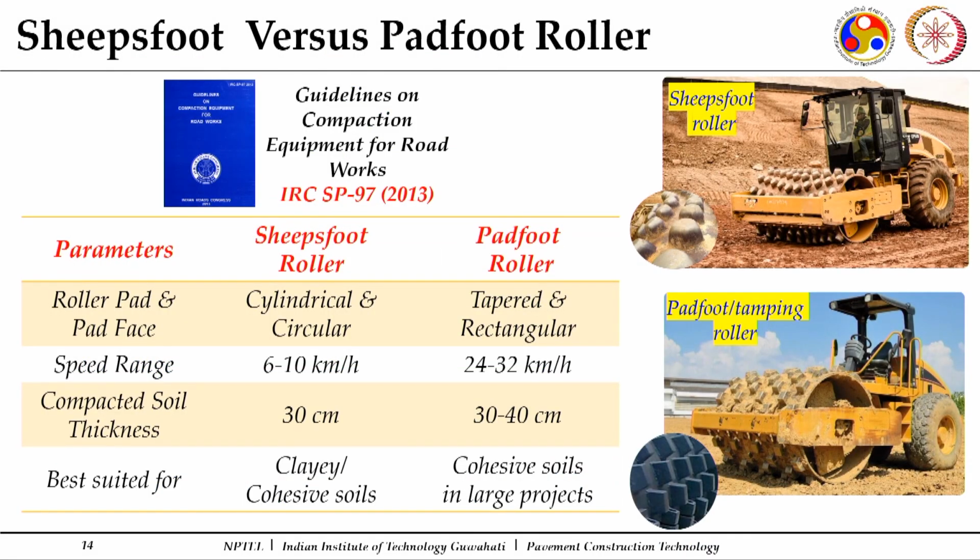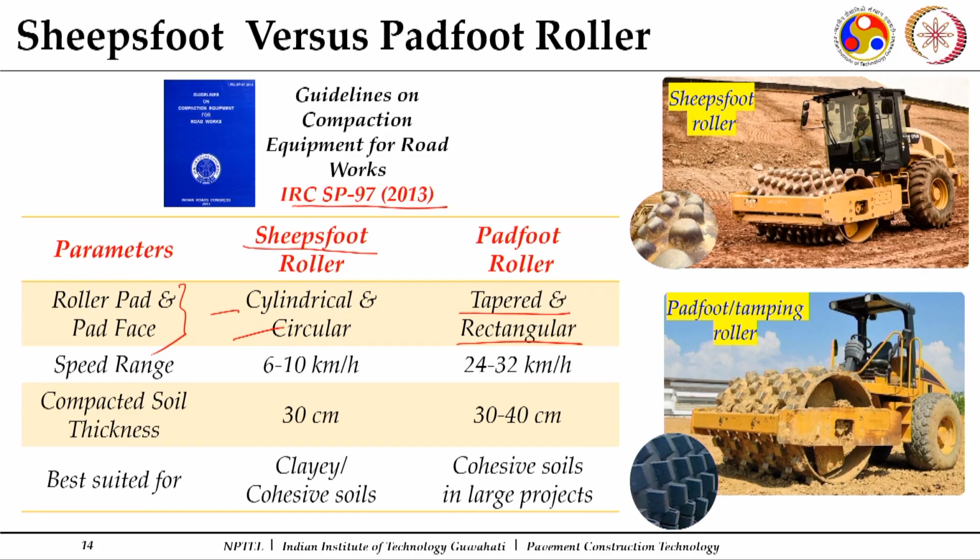As per IRC SP 97, if we compare some of the salient features of the sheep's foot roller and the pad foot roller, we can look at the roller pad and pad face. In the case of the sheep's foot, it is cylindrical or circular, which resembles a sheep's foot. Here we have a tapered, rectangular one.